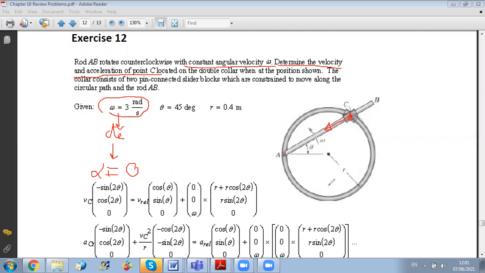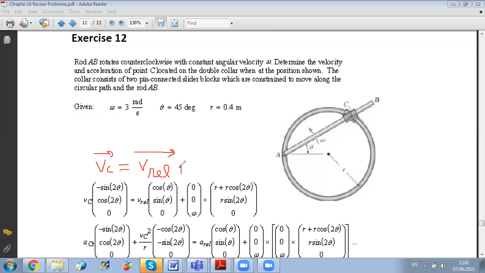in a rotating frame, what is the relation? The general relation is V of C as a vector is equal to V relative, the relative velocity of collar C with respect to the rod, plus omega of the rod vectorial AC, and of course plus VA.